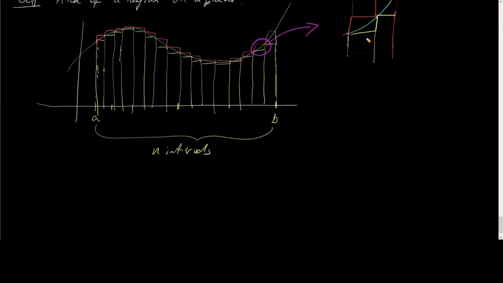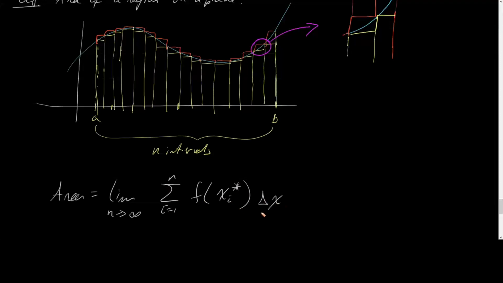So what we're going to say here is the actual definition for the area is going to be the limit as n goes to infinity of the summation from i equals 1 to n of f of x sub i star times delta x.